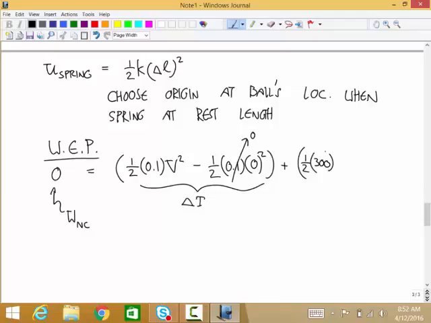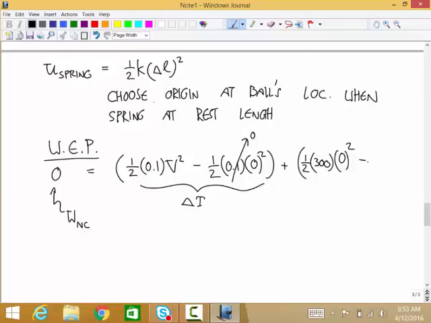So at the later instant, once the spring is no longer in contact with the ball, you can think of it as like the spring's already returned back to its resting length. The motion of the spring is no longer affecting the ball's motion at all since they're not in contact. So you can just think of this as 0 squared.